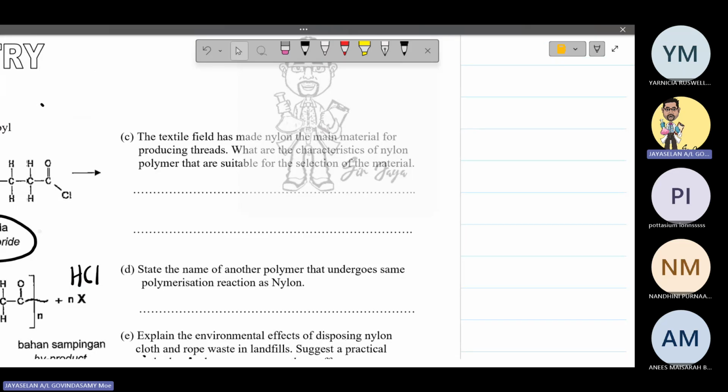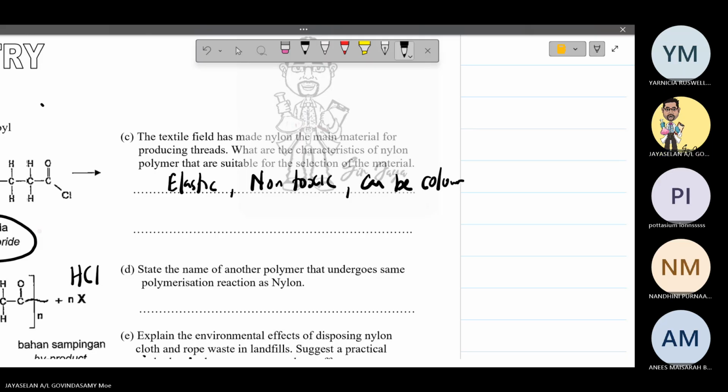What is the characteristic of nylon that is suitable? So I already give you this. So you all put elastic. Then you all put what? Why textile you have to wear, right? It will be in contact with your body surface, right? It should be non-toxic. And it can be colored. Okay, colored.